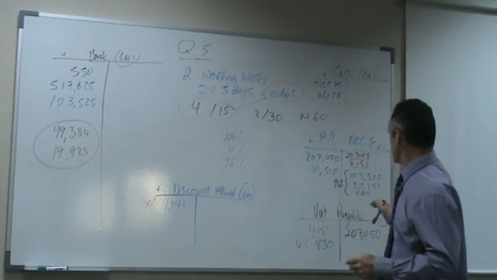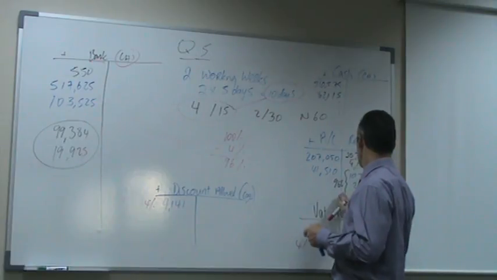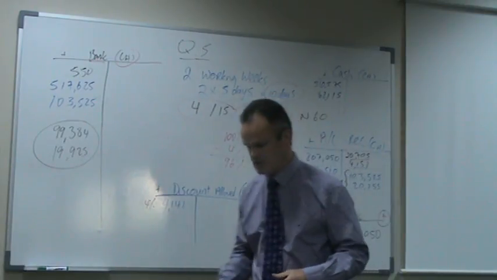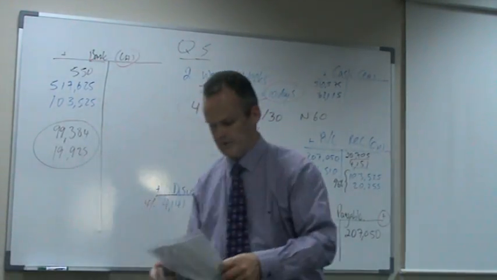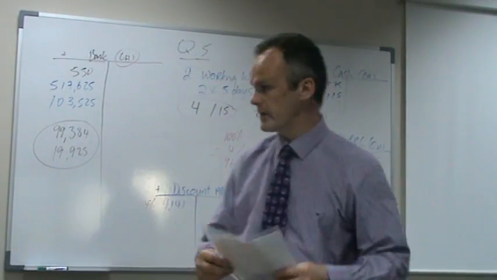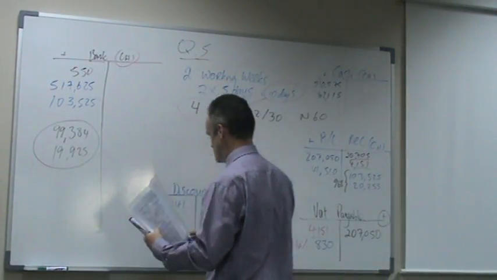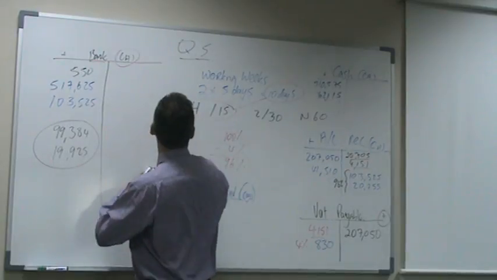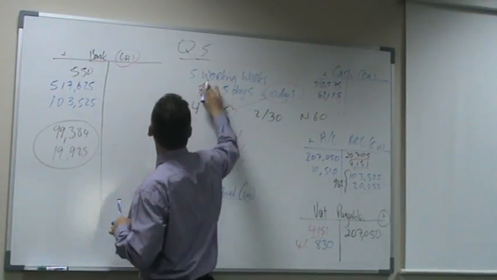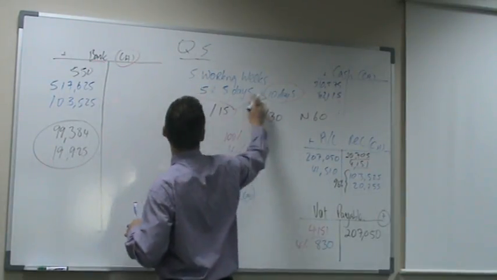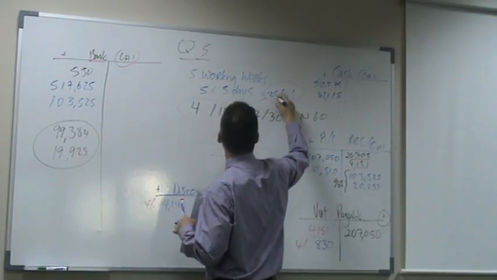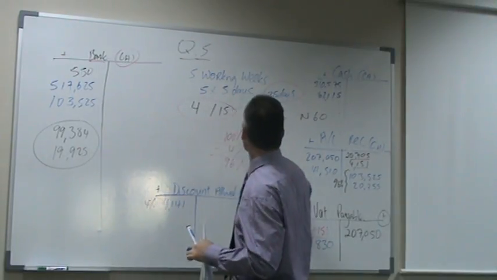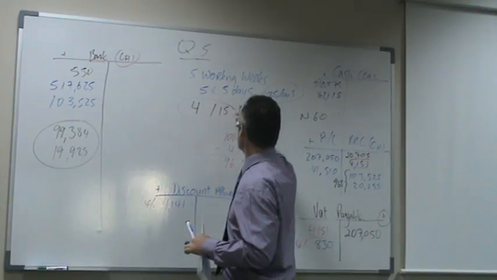The exact same scenario falls into the second part of that question. 40% after 5 working weeks to the bank. So just changing this, 5 working weeks. It's 5 by 5 days, 25 days. That means it's less than 30.